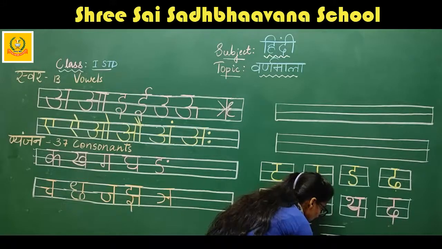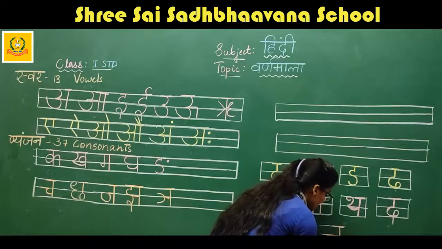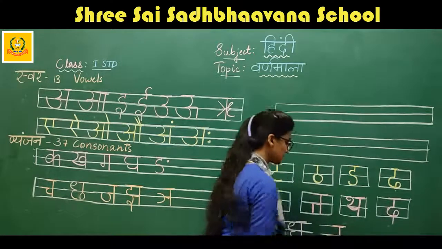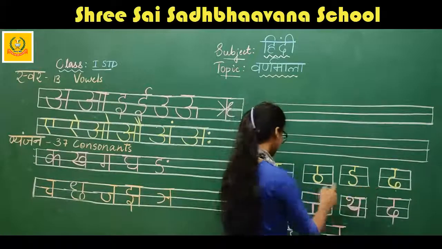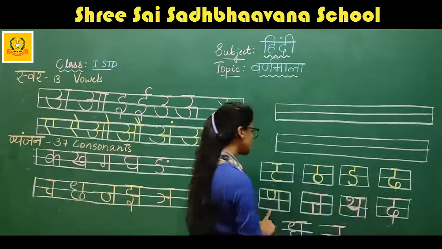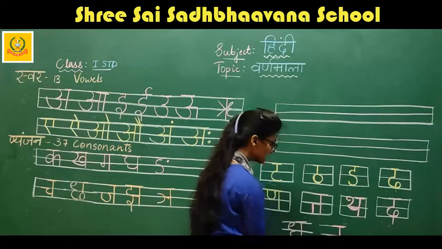One curve, sleeping line, standing line. Na, curve, sleeping line, standing line, and sleeping line. Da, na.